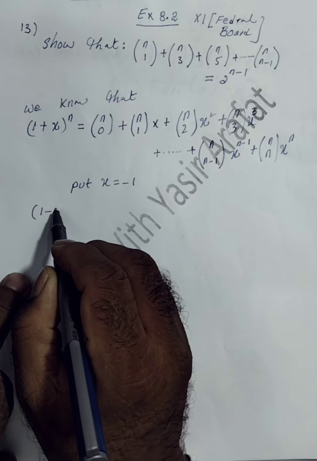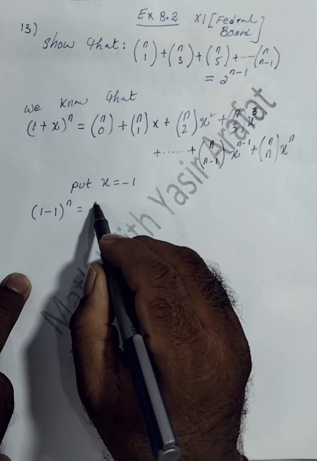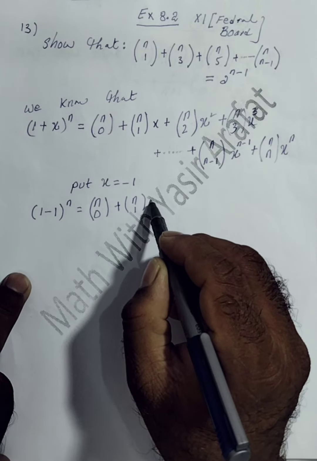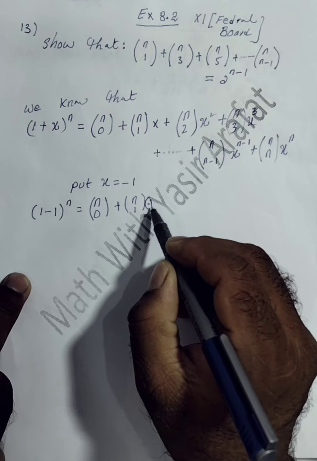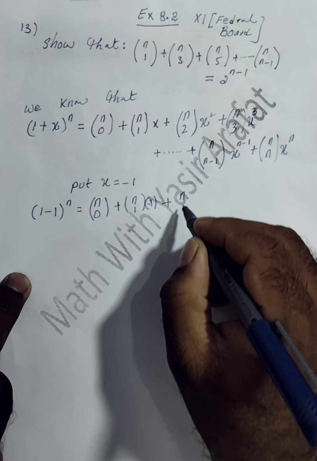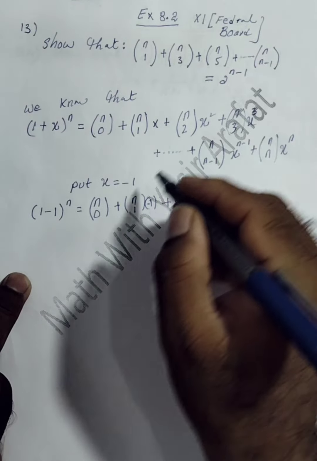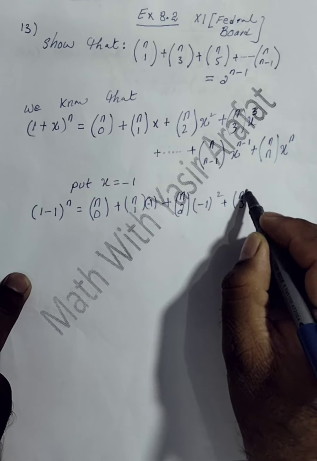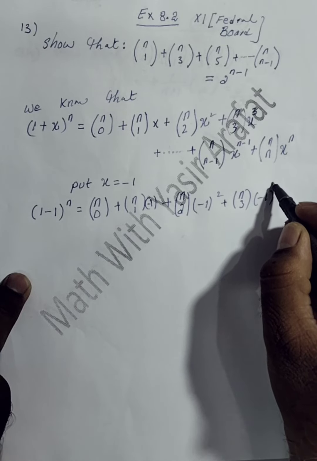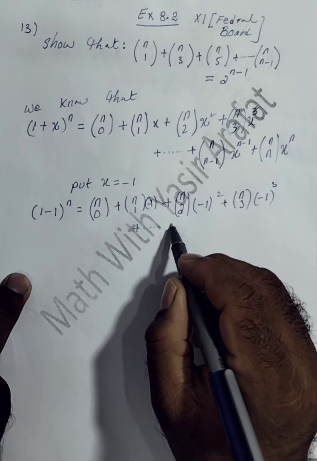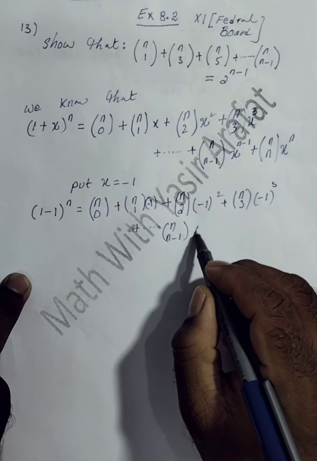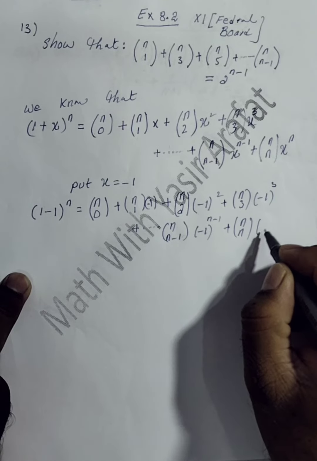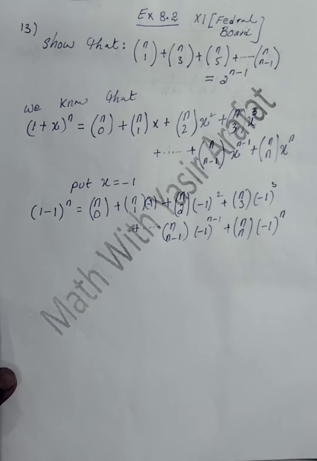So that will be (1 minus 1)^n equals nC0, nC1 times x, and x equals minus 1 here, so we put minus 1, nC2 times the value of x, that is minus 1, and plus nC3 times minus x cubed, and so on, up to nC(n-1) and nC n with (minus 1)^n.